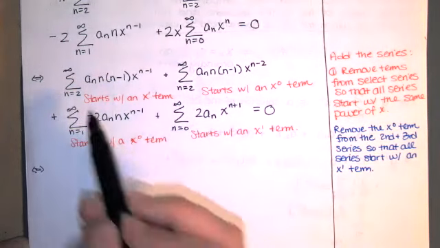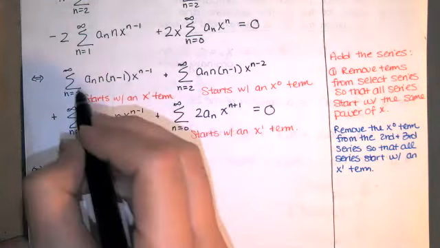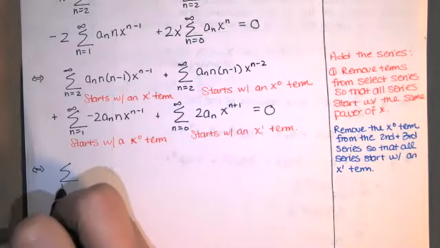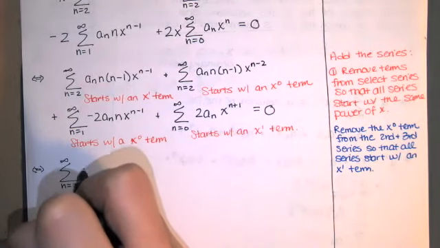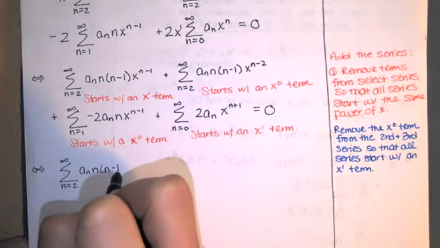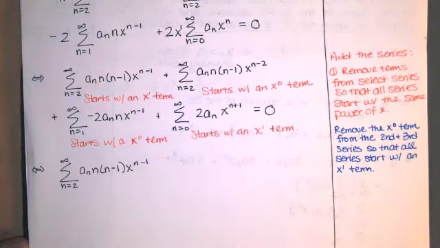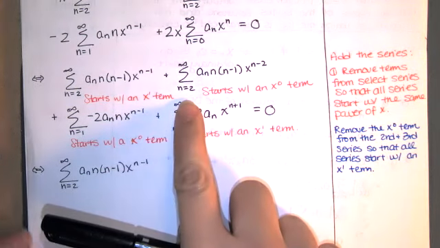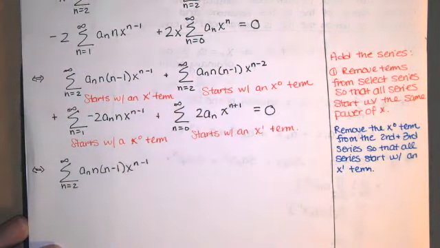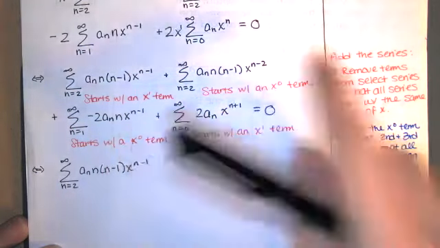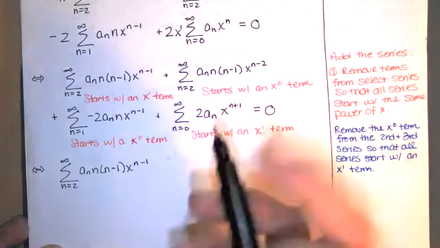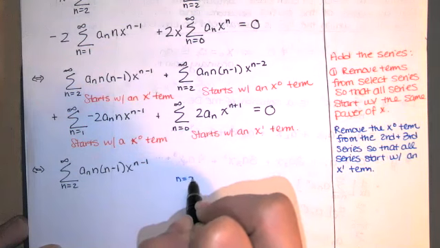This first series already starts with an x to the first, so we're going to leave it alone. And this one starts with an x to the 0 term. Now when n equals 2, we get x to the 0 here. So what I'm doing is I'm taking out the n equals 2 term.